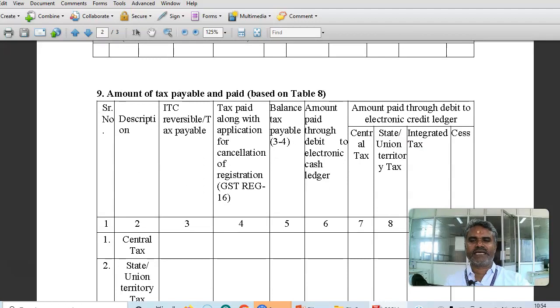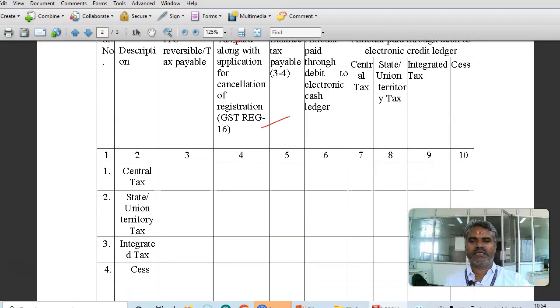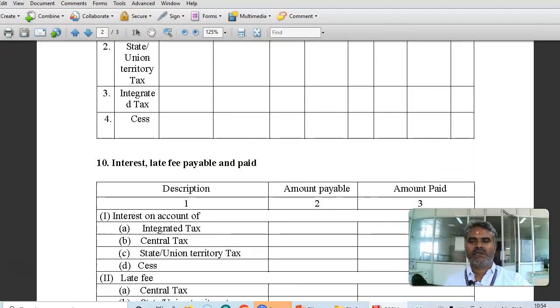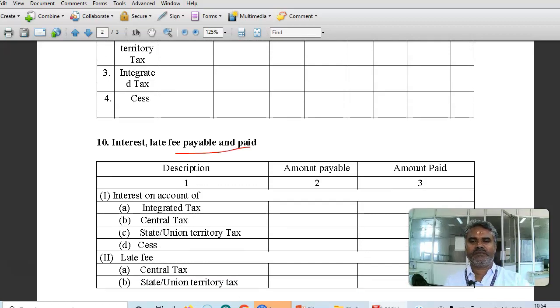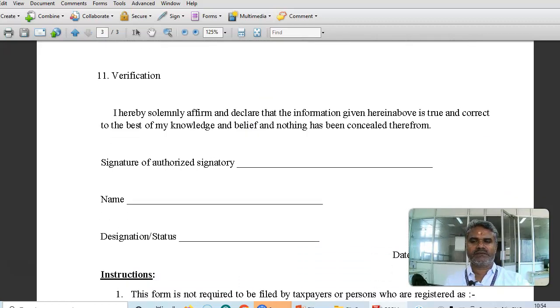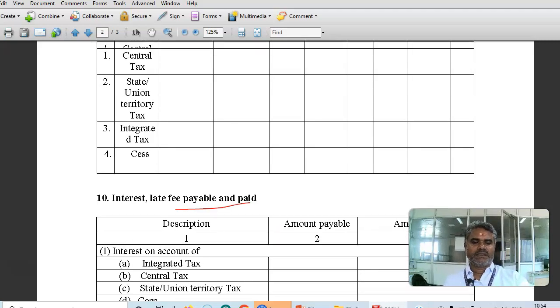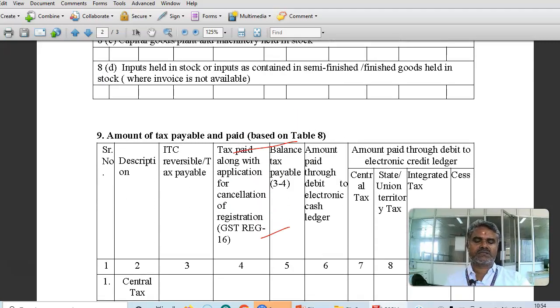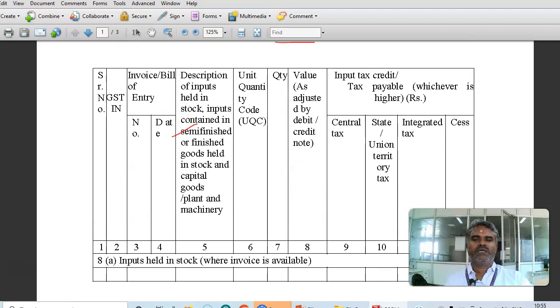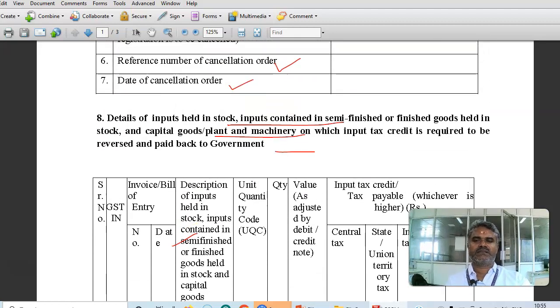Then amount of tax payable and paid should be given here. And interest, late fee payable and paid should be given here. That's it. At the time of cancellation, what stocks or capital goods you have should be given in detail. This is number 8. This is very important. So this is for the final return.